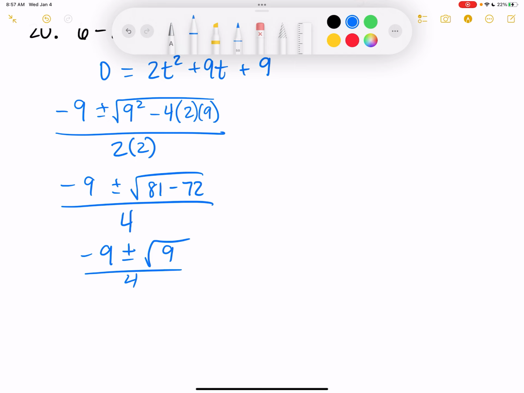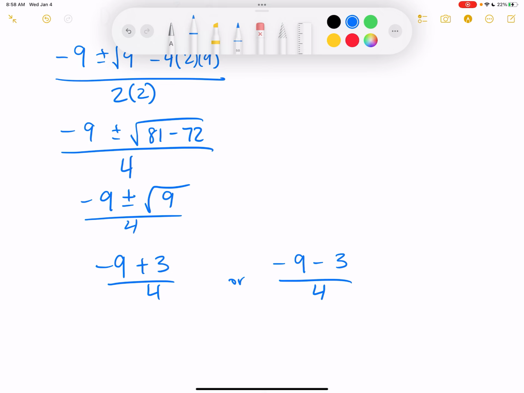So the square root of 9 obviously is 3, so I'm going to go ahead and split it. So negative 9 plus 3 over 4, or negative 9 minus 3 over 4. So negative 6 over 4, which is negative 3 over 2. So that's one answer. And the other one, negative 12 over 4, which is negative 3.